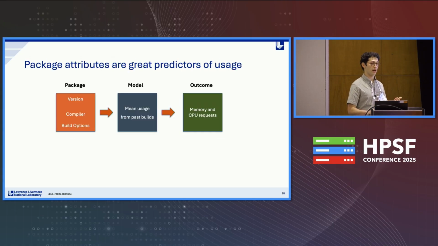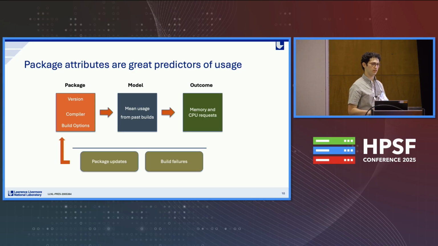The good thing is that package attributes are actually quite good predictors of usage. If you have a package's version, its compiler, and its build options, variants, and you put that in a very, very simple model that takes the past 5 builds, conditioned on these package attributes, you get a pretty good prediction of how much memory and how many cores are going to be consumed on average during the lifetime of a CI job.